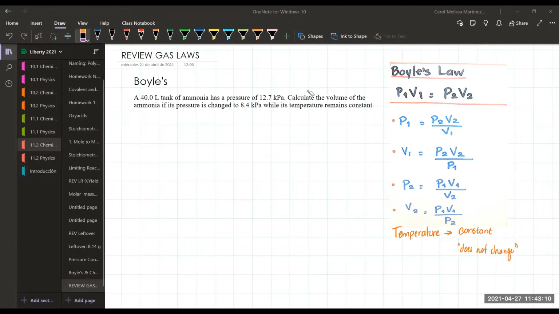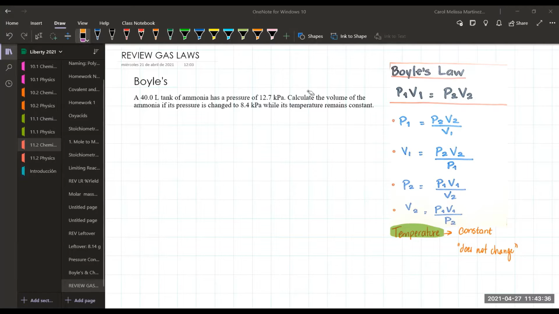So, what can we do for these exercises? Just remember, for Boyle's law, we have constant temperature, and as you can see, in all the formulas we don't have temperature involved in these problems. But what we do know is that it remains constant.